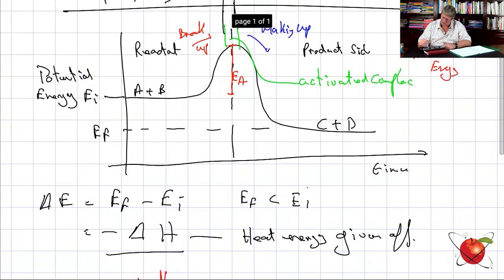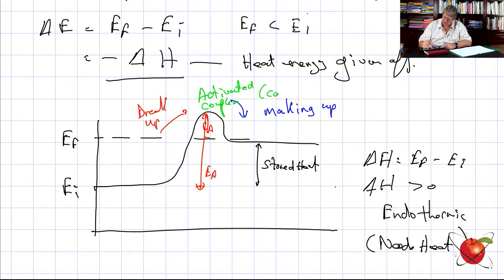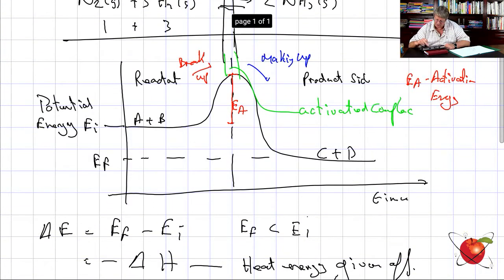I used making up, I put blue, okay, making up, blue, and this is the making up here. Making up the product, and in between the green bit was the activated complex. Okay? It's where we do the cooking, essentially. All right? So that now is an endothermic, and the previous one up above was known as exothermic.